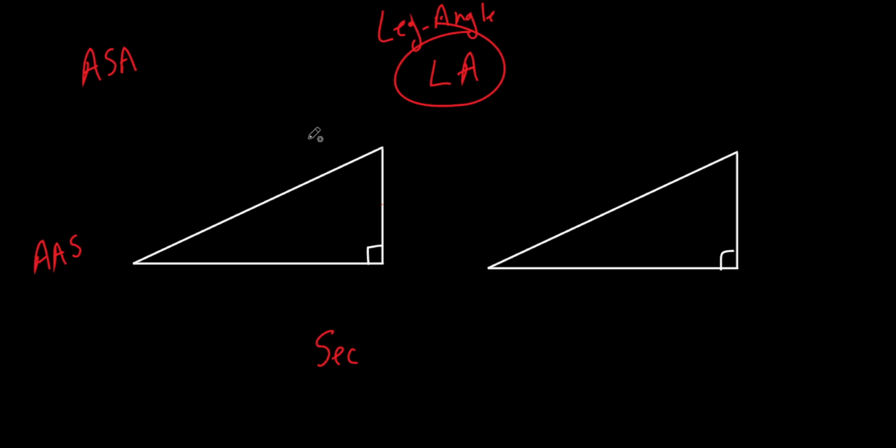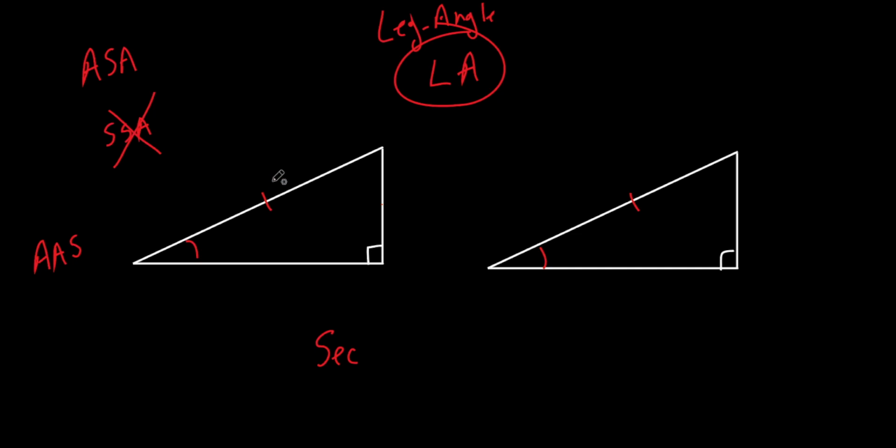All right, so there is no side, angle, but watch this. What if I had this? In this particular situation, when it's a right triangle, are these triangles congruent? There's a side, there's an angle, there's an angle. I'm sorry, I said it the wrong way.